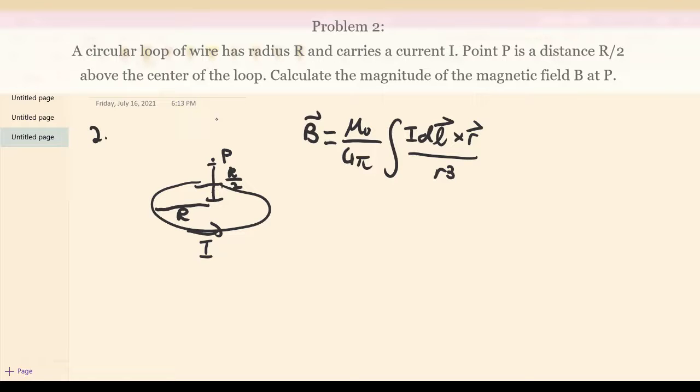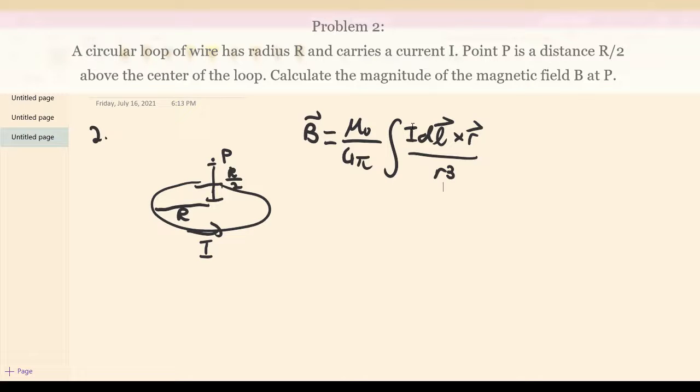This small r is the distance from the point to the current I that we're measuring. This law tells us the magnetic field at a point where there is a current I somewhere, so r is just the distance between the two.